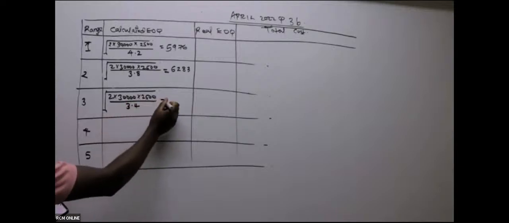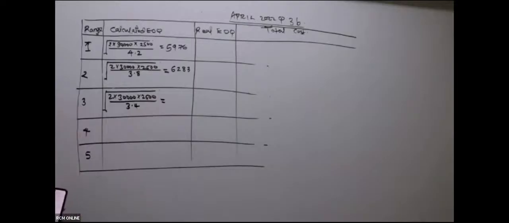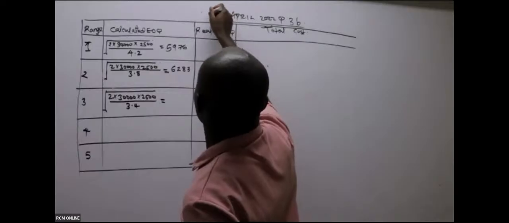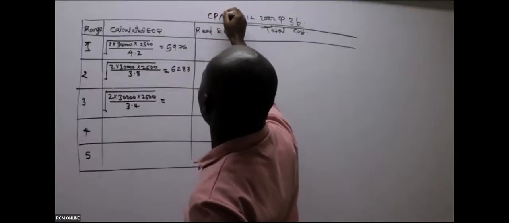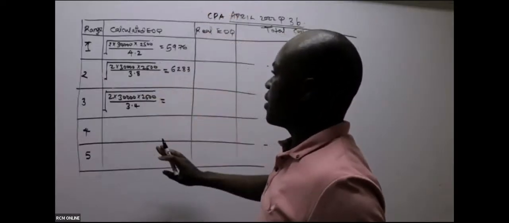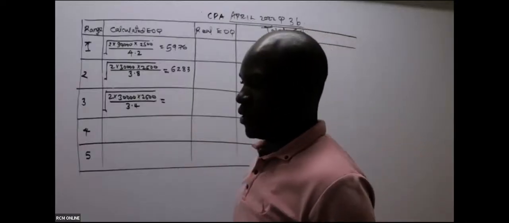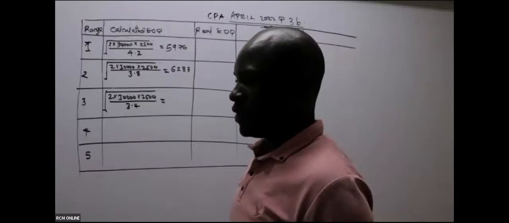Then you give me the answer here. CPA students, just prepare for a question of exactly this type for your December exams. The difference might be the figures. So we have 66.42.